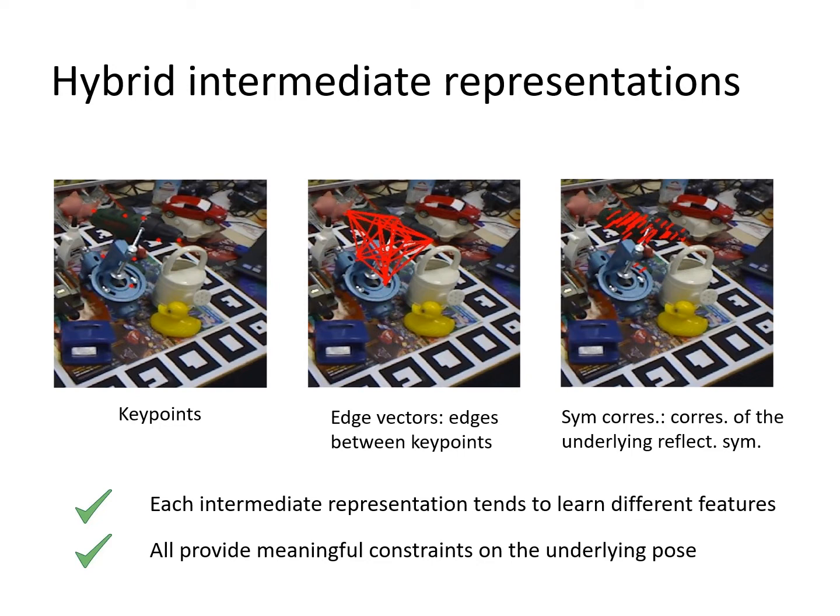Advantages of these additional representations include that each intermediate representation tends to capture different features. In fact, the features that are suitable for building correspondences are clearly different from the representations that are used to locate individual feature points. But on the other hand, all those intermediate representations provide meaningful constraints on the underlying pose.